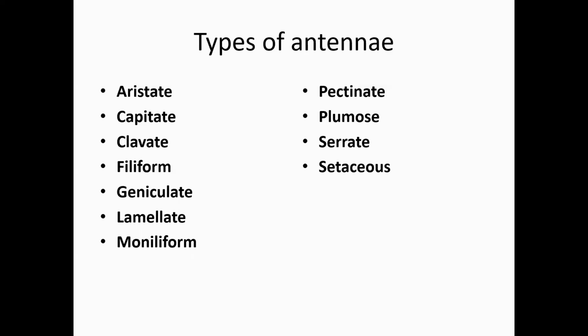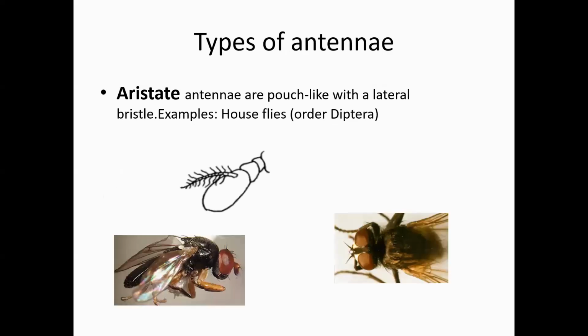They can be named as aristate, capitate, clavate, filiform, geniculate, lamellate, moniliform, pectinate, plumose, serrate, and setaceous. Let us see how these different types vary from each other.